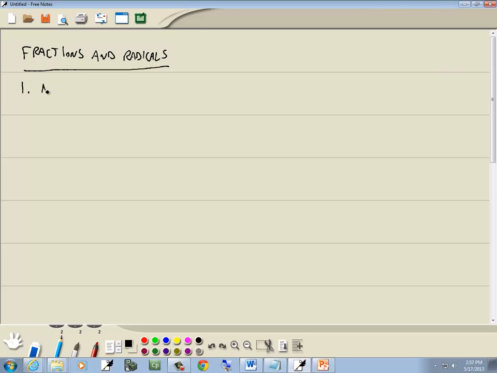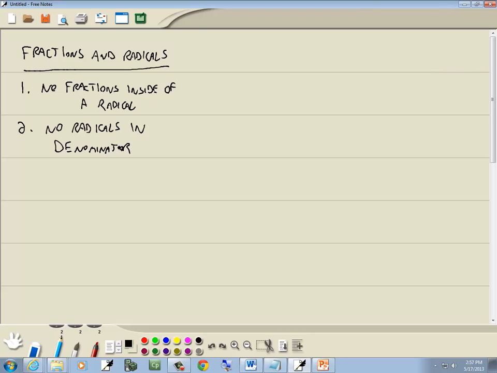No fractions inside of a radical. And the second rule was no radicals in the denominator. Well, this section goes over techniques to get rid of these.